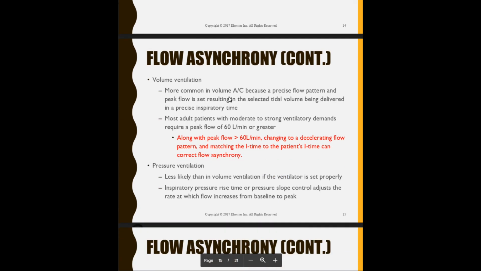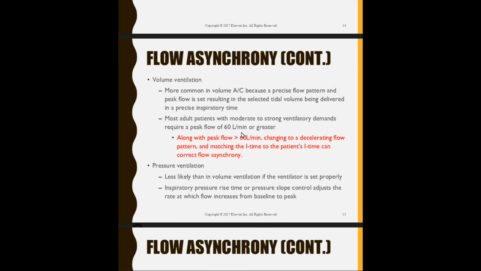Most common in volume AC, because a precise flow pattern and peak flow is set, resulting in the selected tidal volume being delivered in a precise inspiratory time. Most adult patients with moderate to strong ventilatory demands require a peak flow of 60 liters per minute or greater. Remember, if I'm converting 60 liters per minute into liters per second, that's 1 liter per second.